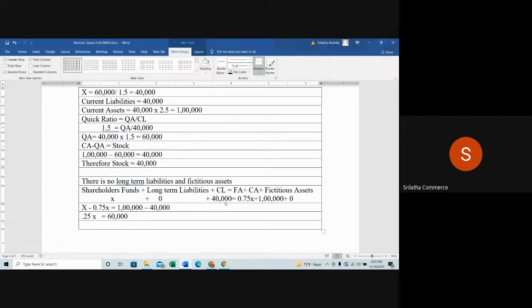So x minus 0.75x is 0.25x, which is equal to 60,000. So x is equal to 60,000 divided by 0.25, which gives 2 lakhs 40,000.